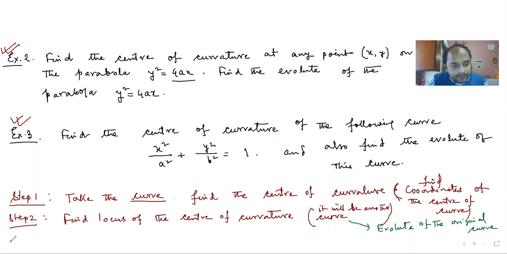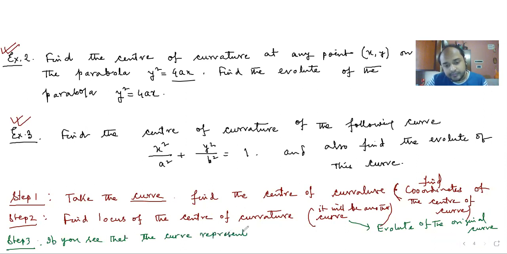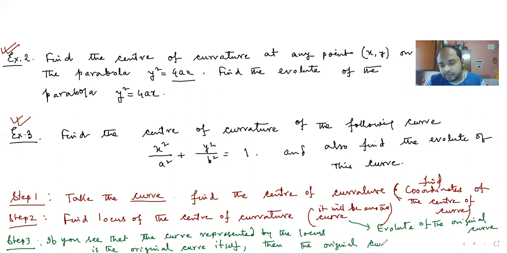Step number 3 is, if you see that the curve represented by the locus is the original curve itself, then the original curve will be called the involute.